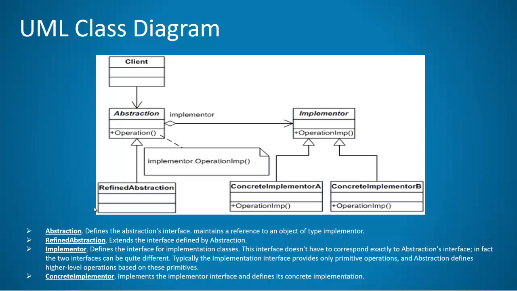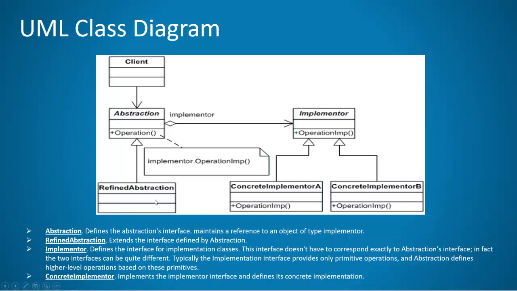It maintains an object of type implementer, as you can see here, and your abstraction contains some operations. Later you'll see in the example, I'll explain to you what these operations are that the abstraction interface contains.